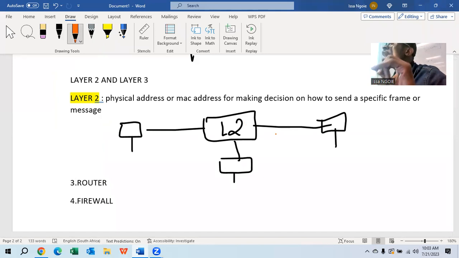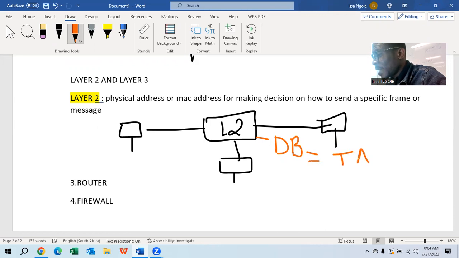This layer 2 switch will have a DB, a database. That database, technically, we call it a forward table, I have to remember, maybe I'm wrong, but starting with an F, right? We call it a table.